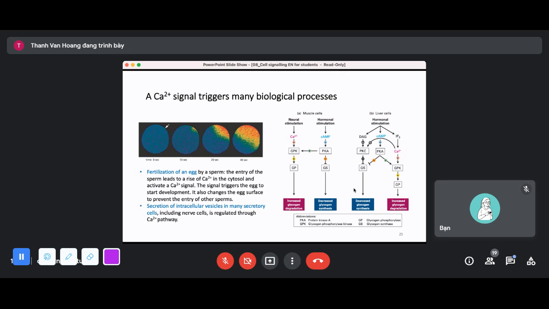So the cells can receive many signals, and the signals will be integrated and coordinated with each other to give a unique cell response.